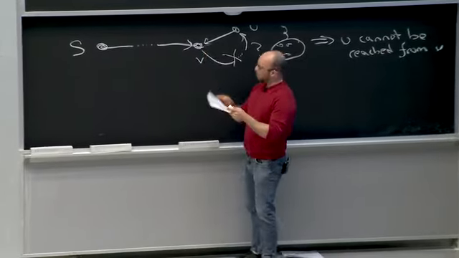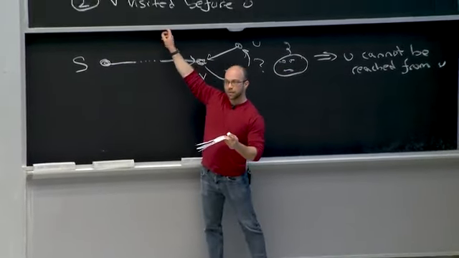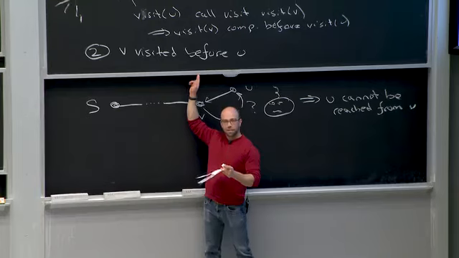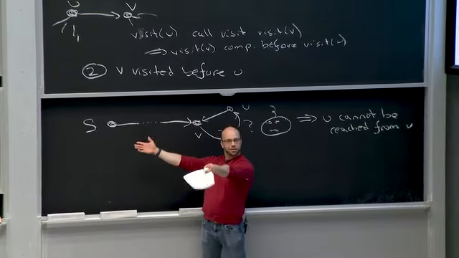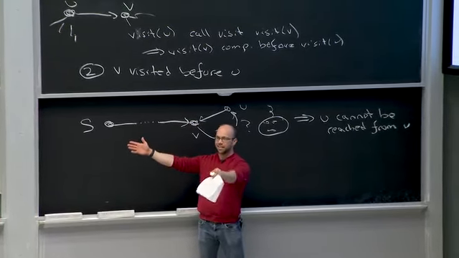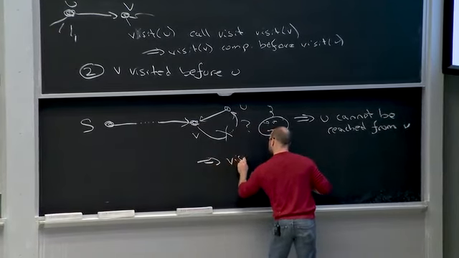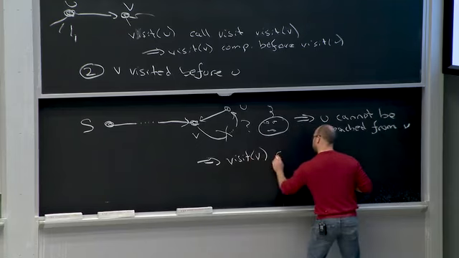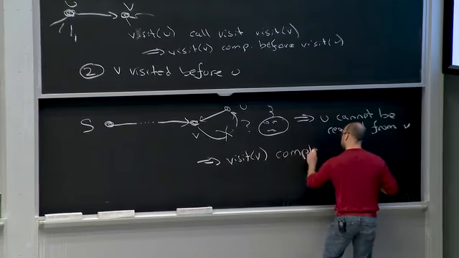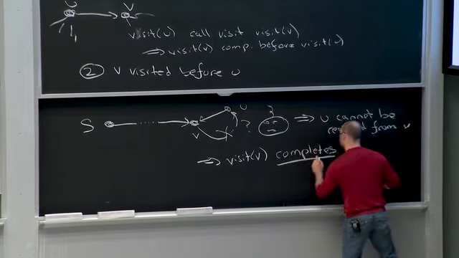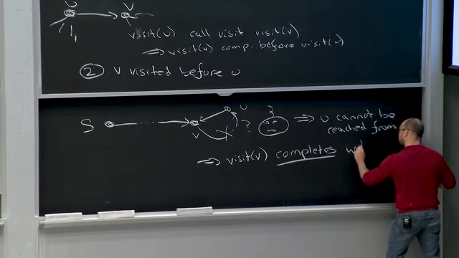Well, it means that the visit to V is going to complete and never see U, because remember that the visit to V only ever calls things that are descendants of V. So in other words, visit of V completes without seeing U.